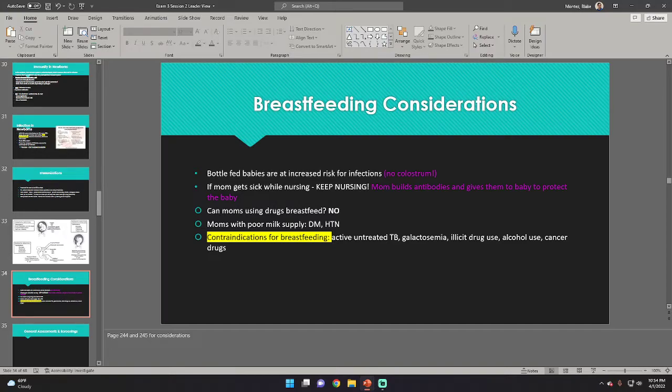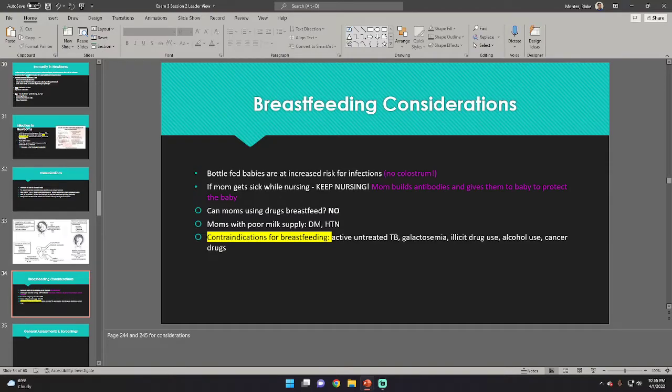Okay, breastfeeding considerations. Bottle-fed babies are at an increased risk for infection. There's no colostrum, there's no antibodies being given to the baby. If mom gets sick while nursing, it's important to keep nursing. Moms build antibodies and they're giving those antibodies to the baby and therefore protect the baby. Can moms use drugs during breastfeeding?